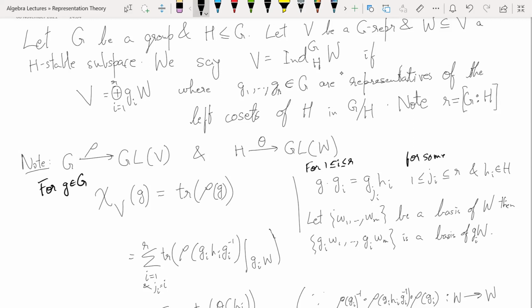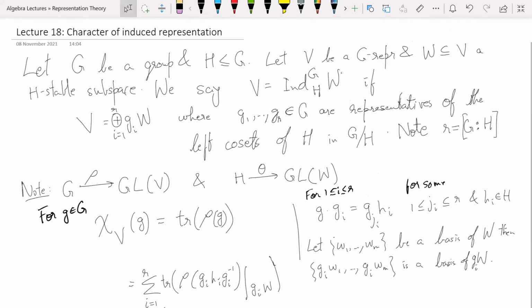So now if I want to compute the trace of rho(g), then if I'm looking at say g_1W, what will g do to g_1W? It will send it to g_j1W.